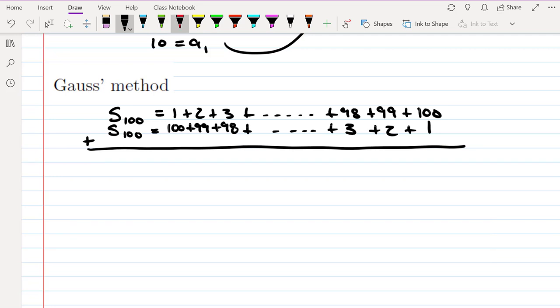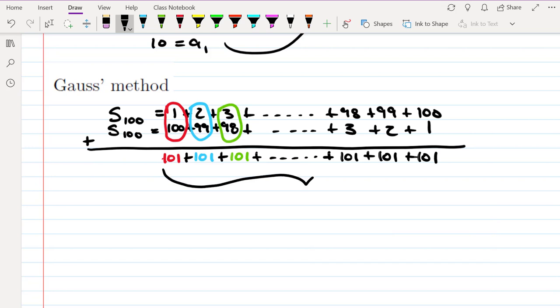Then, if we were to add these two things together, we'll notice for each of these pairings, so I have 1 plus 100, which is 101, plus my next pair is 2 plus 99, which is also 101. And then my next pair would be 3 plus 98, which is 101, plus all the way out. In fact, what would all of these pairs give us? 101 plus 101 plus 101. So now, how many 101s are there in this list?